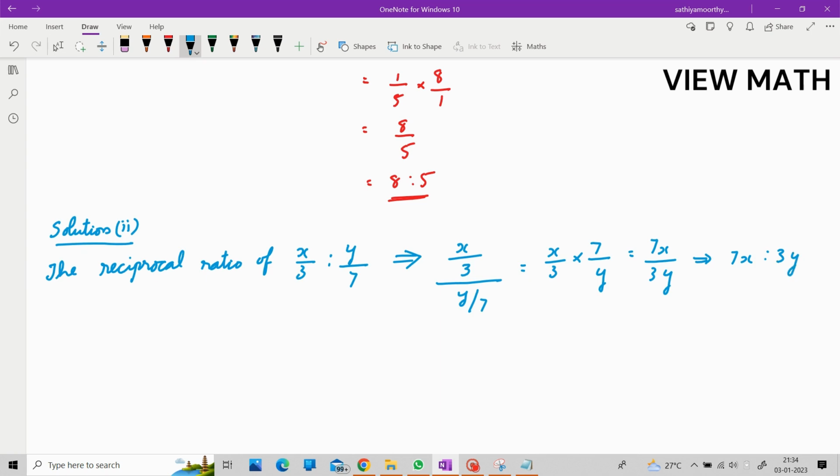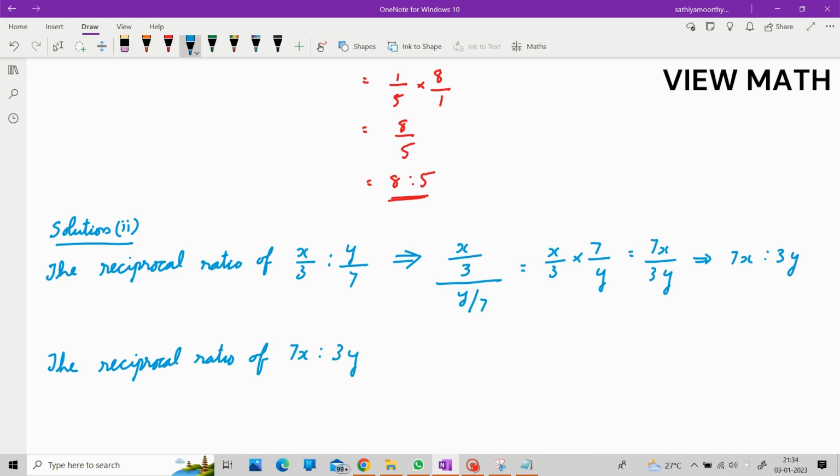Now the reciprocal ratio of, now this one I have simplified, so I am going to take this 7x. This is nothing but the x/3 is to y/7 can also be written as 7x is to 3y.